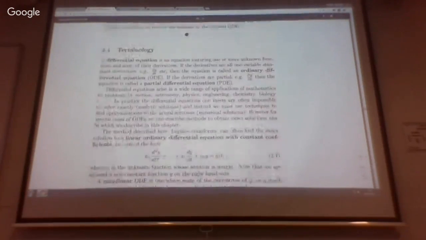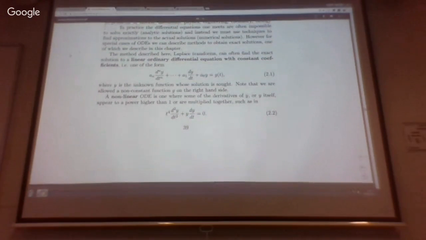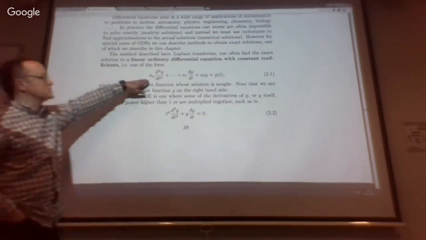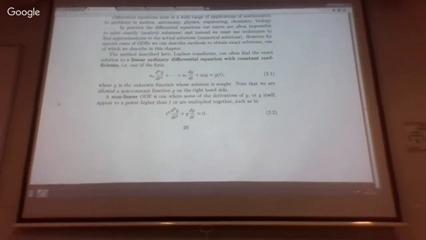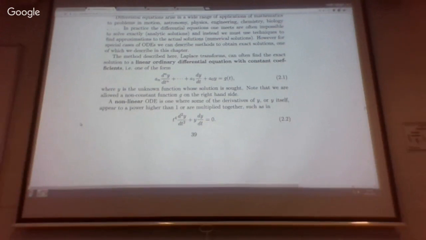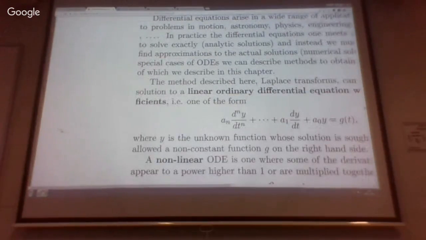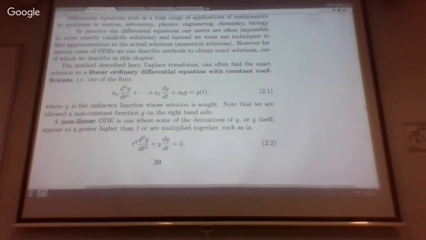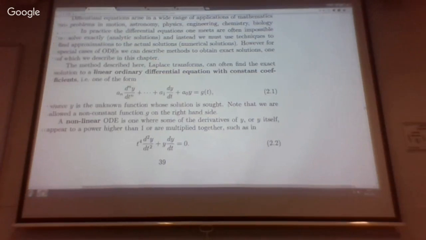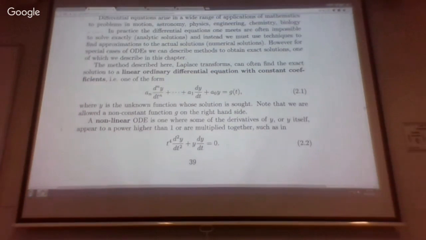The kind of objects we're going to be solving are differential equations that look like this one here, in equation 2.1. And these are so-called linear ordinary differential equations with constant coefficients.